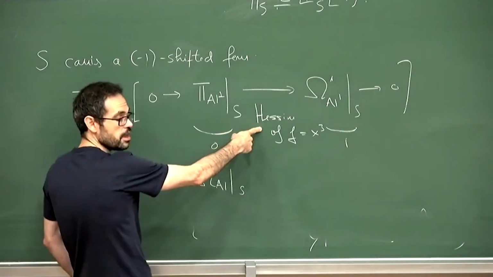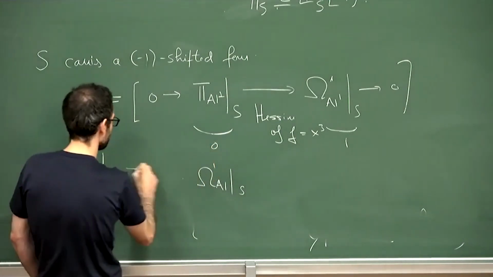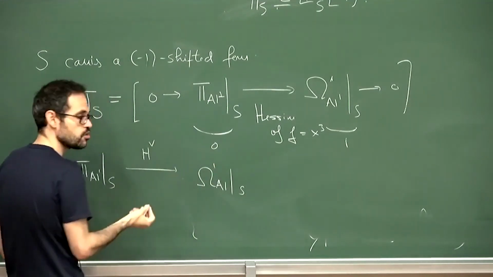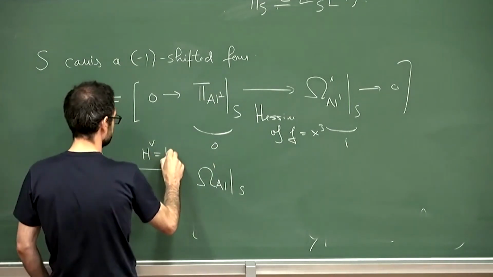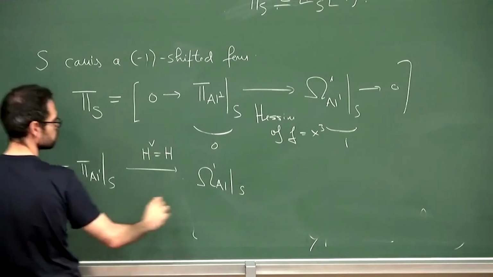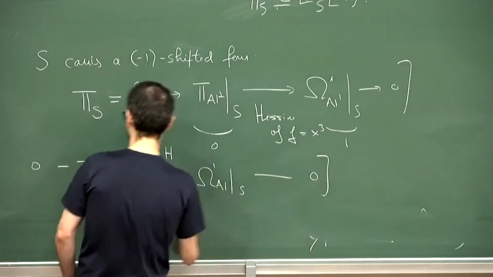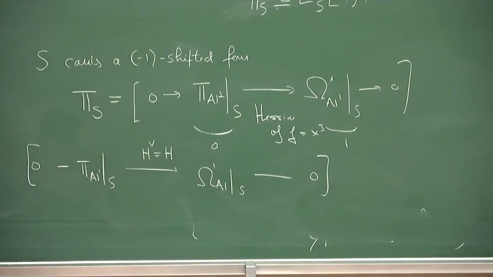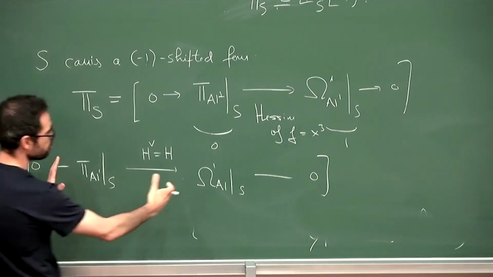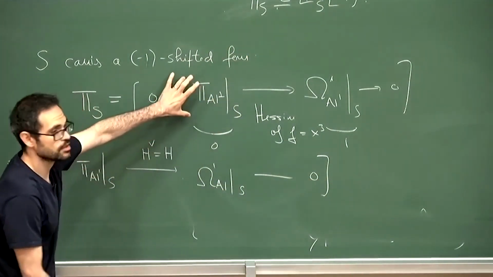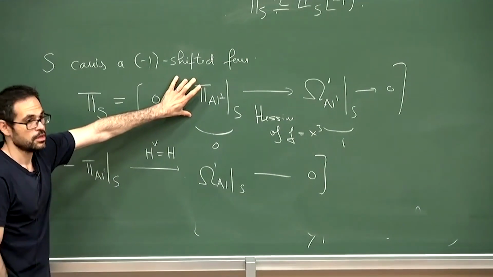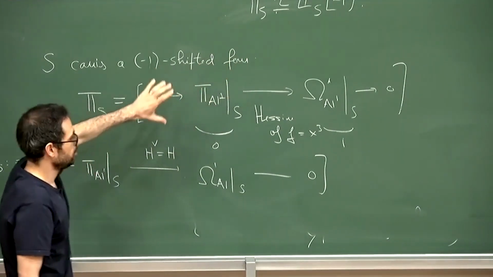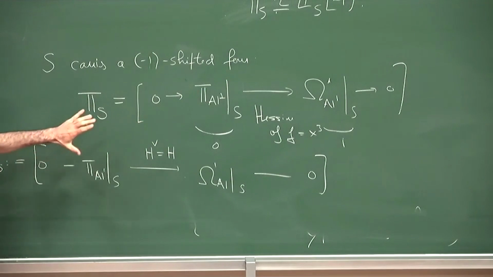And when I dualize the Hessian, I get the dual of the Hessian, but the Hessian is symmetric. So you see now that if I shift this by -1, I get exactly the same complex I started with. So this is the simplest example of a -1 shifted symplectic structure.